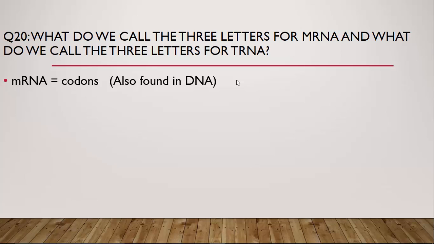For DNA, it's any combination of A, C, G, and T. It could be AAA, ACG, ATT, TAT, whatever, any combination. For mRNA, because it has a U, any 3 letters from A, C, G, and U, any combination. And for tRNA, they use 3 letters too, but we don't call those codons, we call those anticodons.